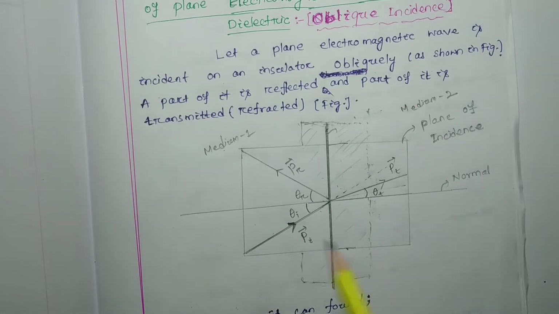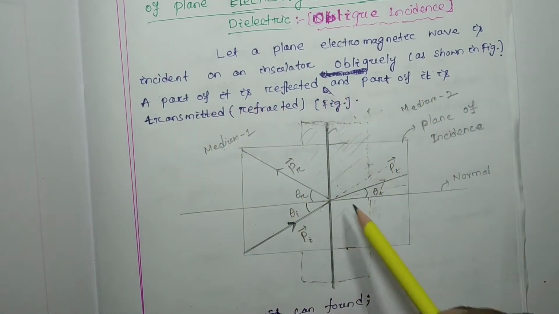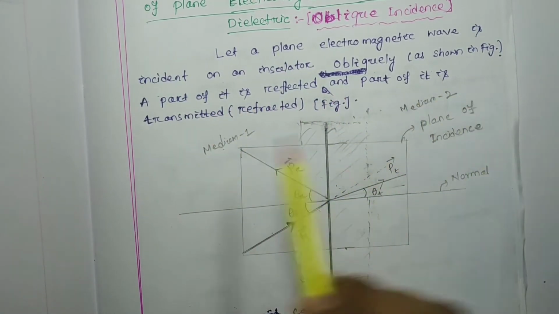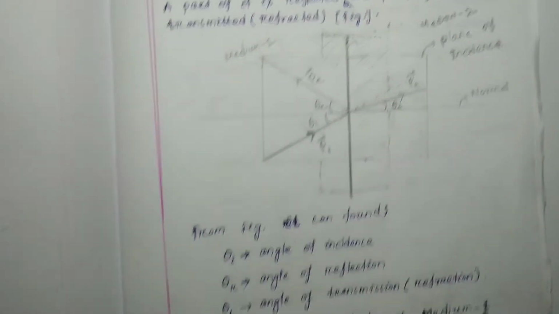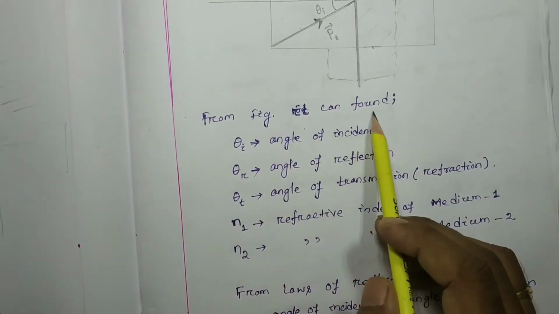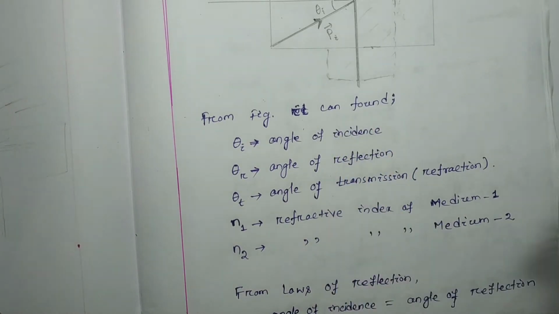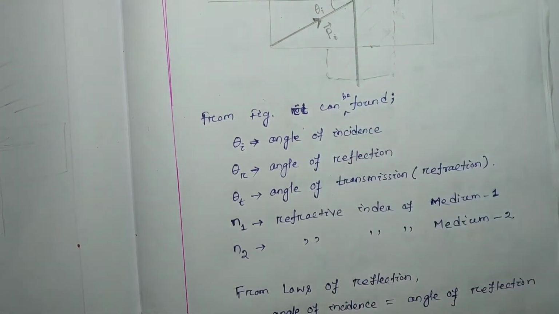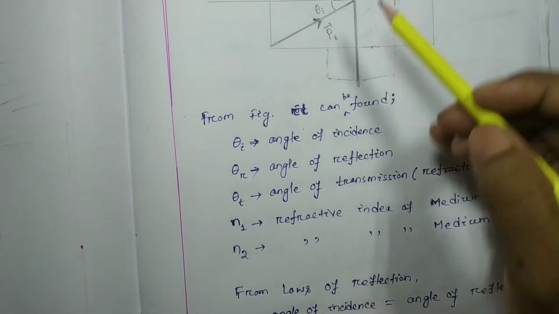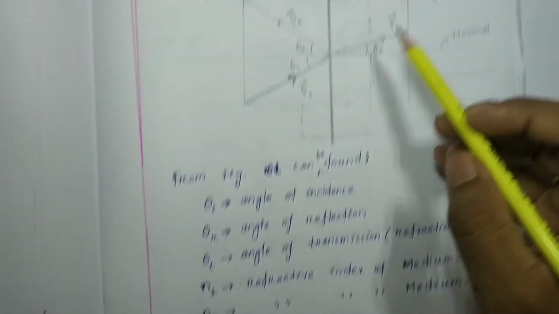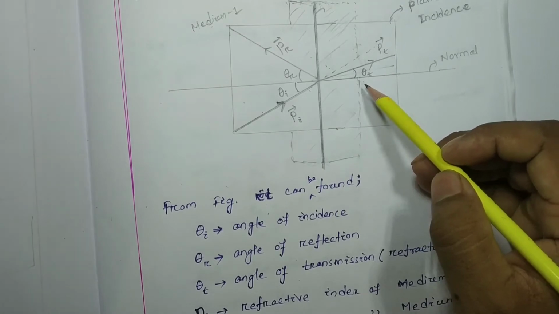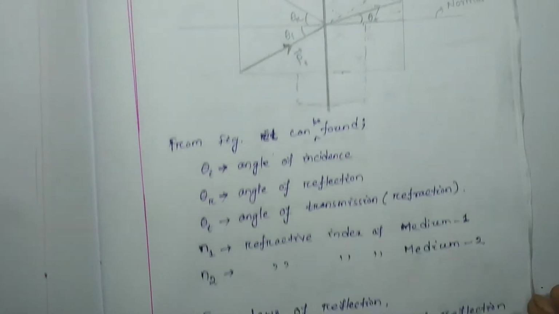A part of it is reflected, and a part of it is transmitted. From the figure it can be found that theta I is the angle of incidence, theta R is the angle of reflection, and theta T is the angle of transmission, or the so-called refraction.